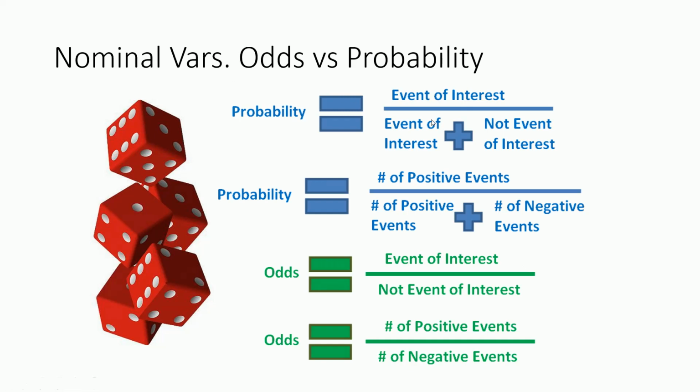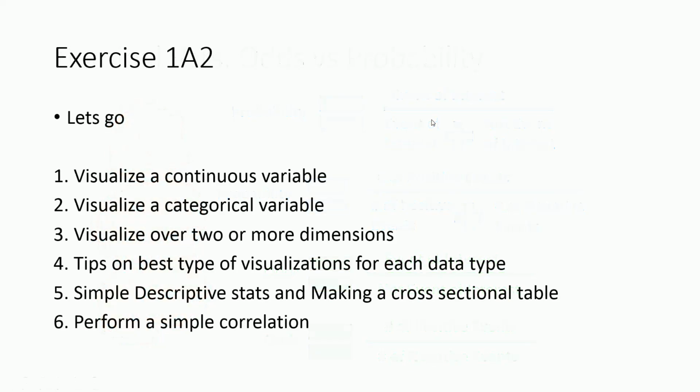Now, finally, on to some of the practical examples. What we'll be doing is visualizing a continuous variable. We'll be visualizing a categorical one as well. Then we'll also be visualizing two variables, so basically it will be a multidimensional visualization.